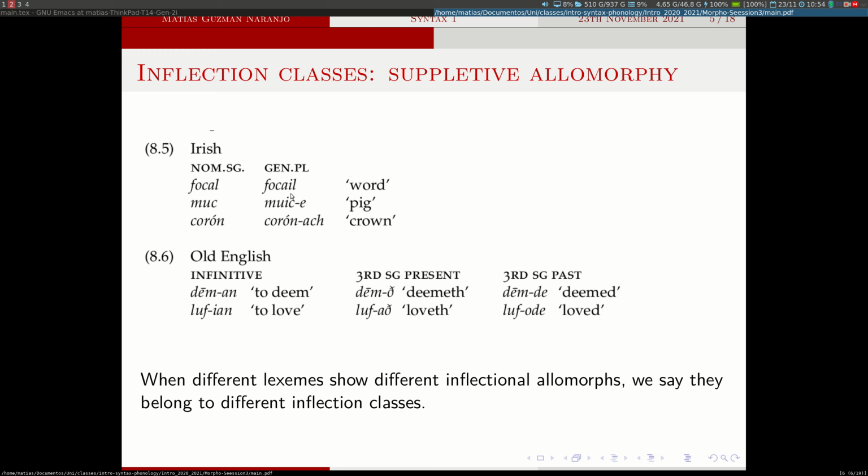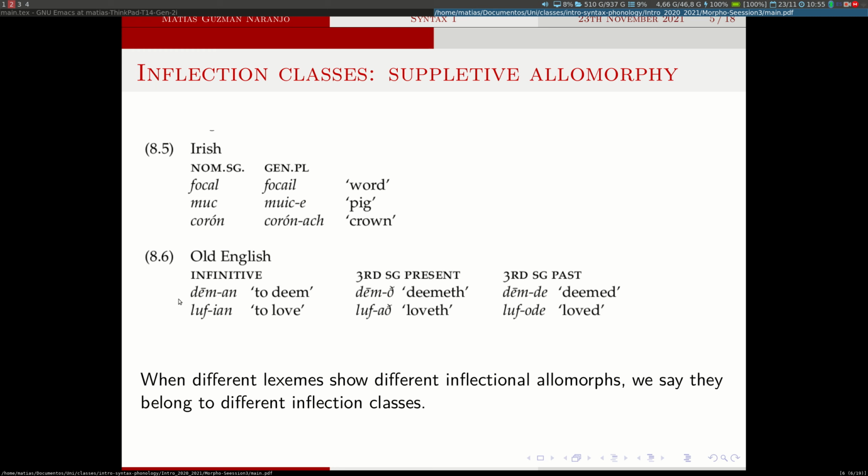In the first case, the genitive plural is marked by an il. In the second case, you see this diphthongization of the stem and an i, and in the third case is an ach. So they are completely different for these three words. In Old English, we have essentially the same sort of situation.